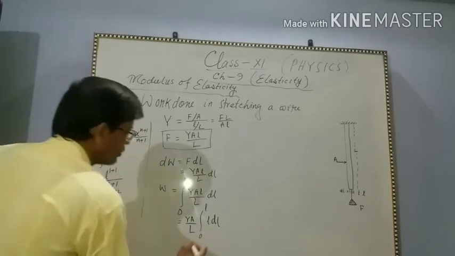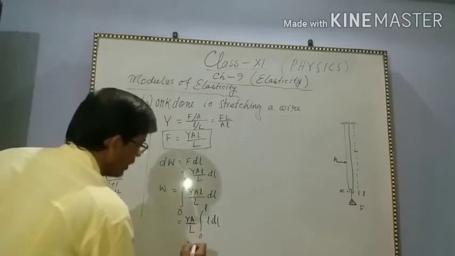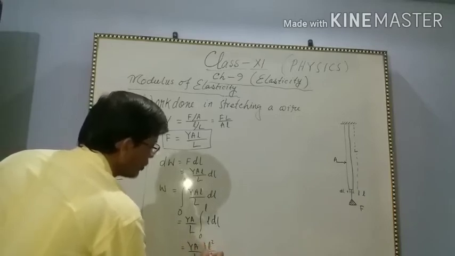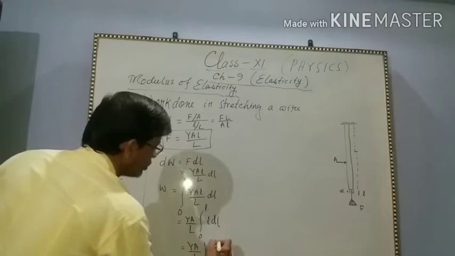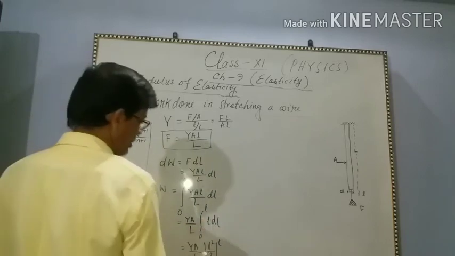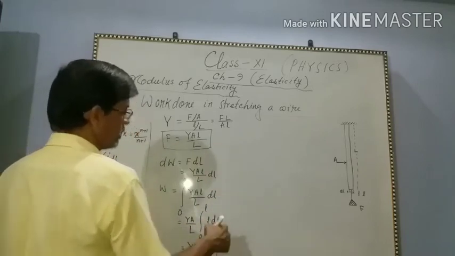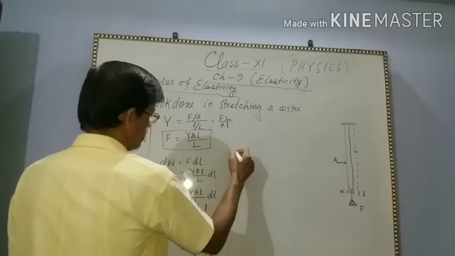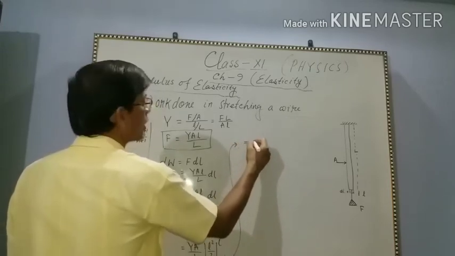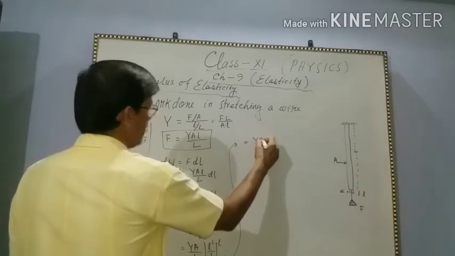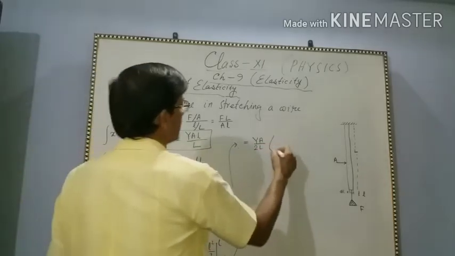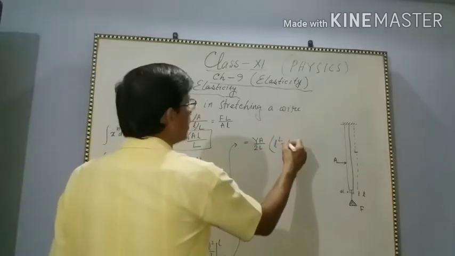So it will be Y A by L times l square by 2, from 0 to l. Taking out the 2, it becomes Y A by 2L, upper limit minus lower limit, l square minus 0 square.